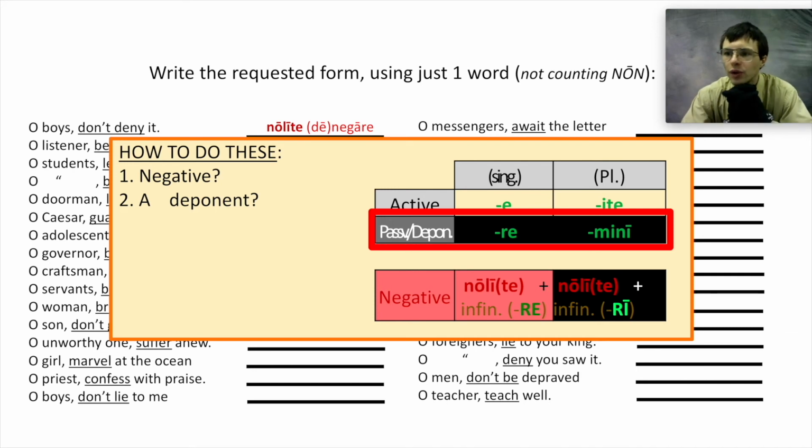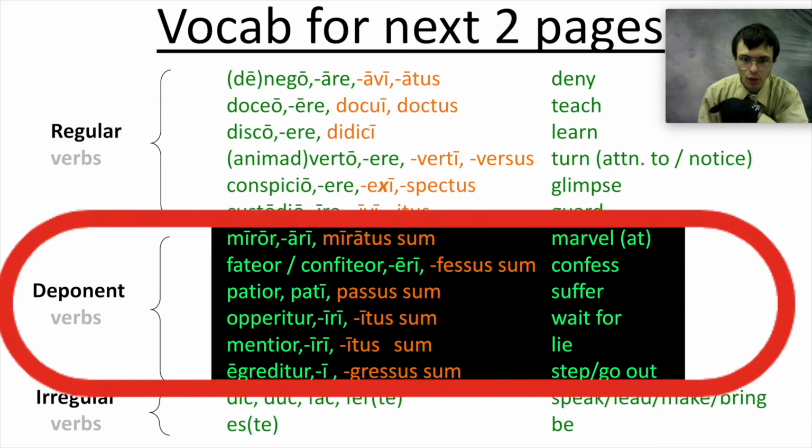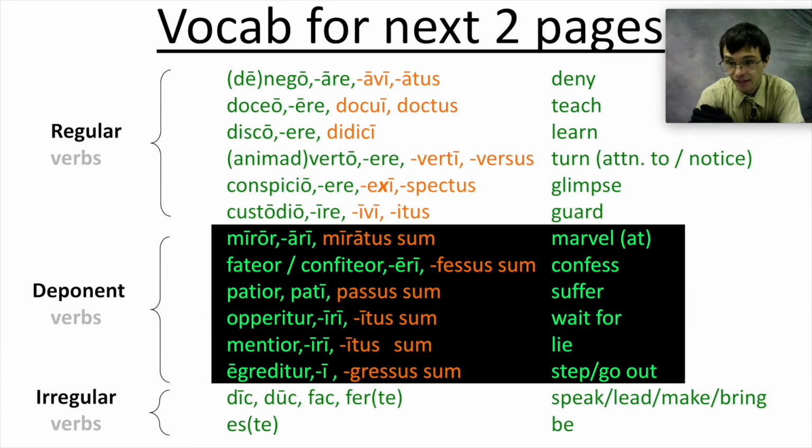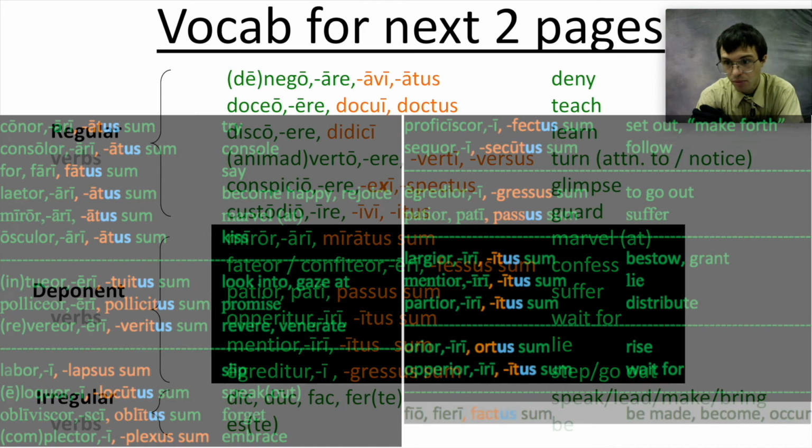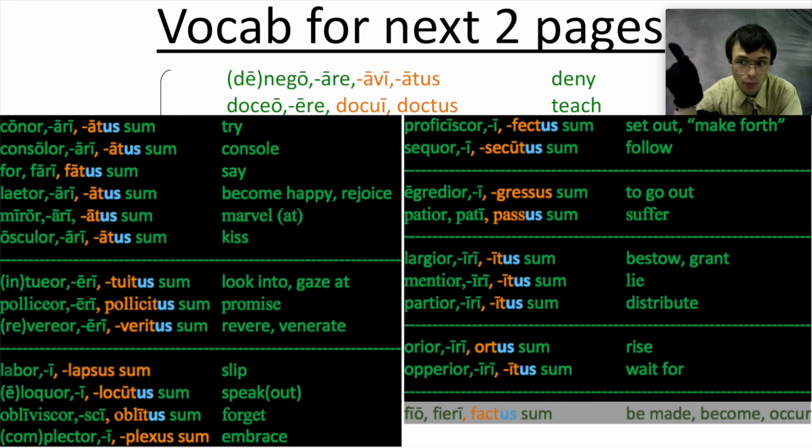Now, how are you going to know if you need to use a deponent, basically a passive-looking form? Well, you're not going to know unless you know all your deponents. Here we've got 6 of them in this exercise, but technically, here's all the ones that you know all over. So you need to be keeping track of these, because if in a story I ask you to use one of these verbs, these are very common.